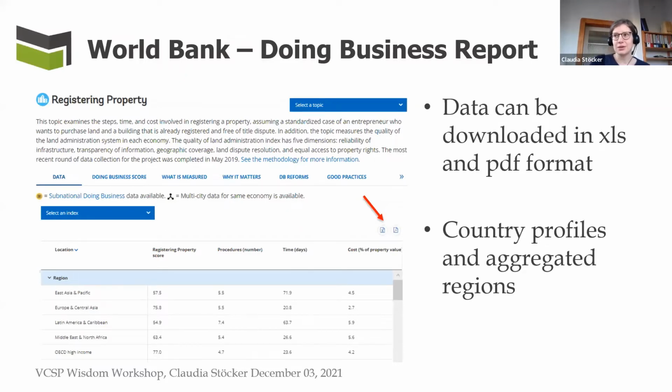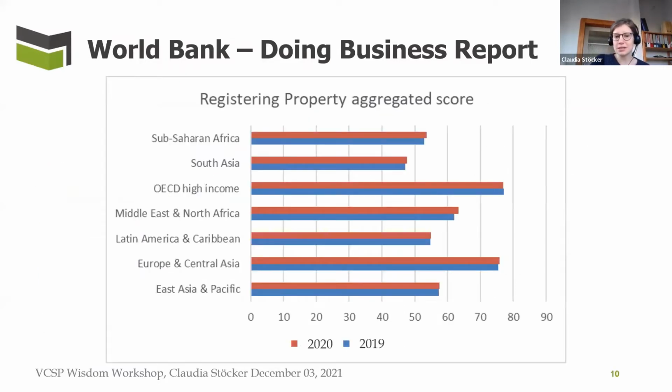And now the next slide shows an example of this data. For instance, here I downloaded the score to register property, aggregated to different regions, and compared the data from 2019 and 2020 for all the different regions. 0 is the lowest score and 100 is the highest score.